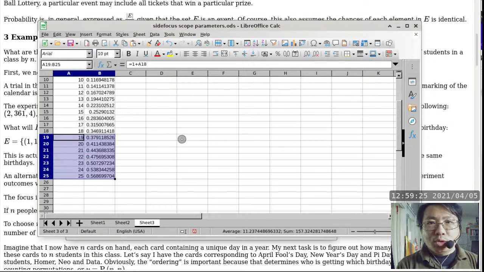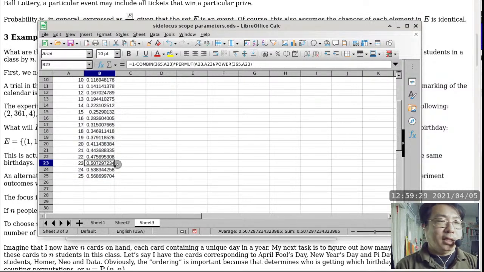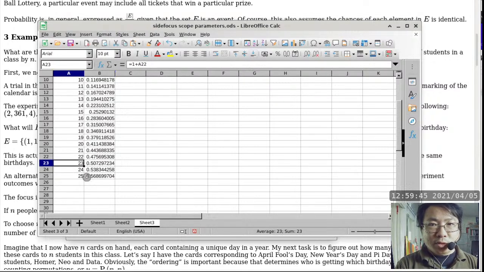So when we get to 23, it's about half and half already. So when we have a class of 23 people, then the chances of at least two people sharing the same birth date is 1/2. That is actually pretty high. If you think about it, this is higher than what we normally would perceive.